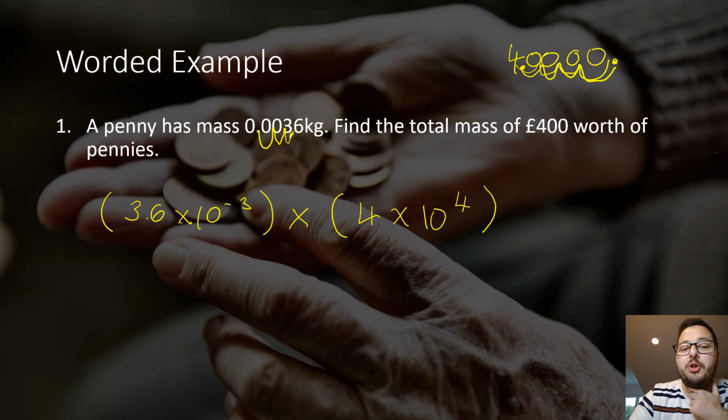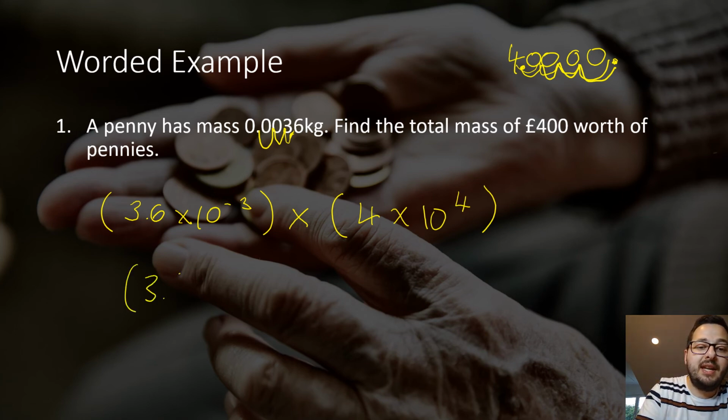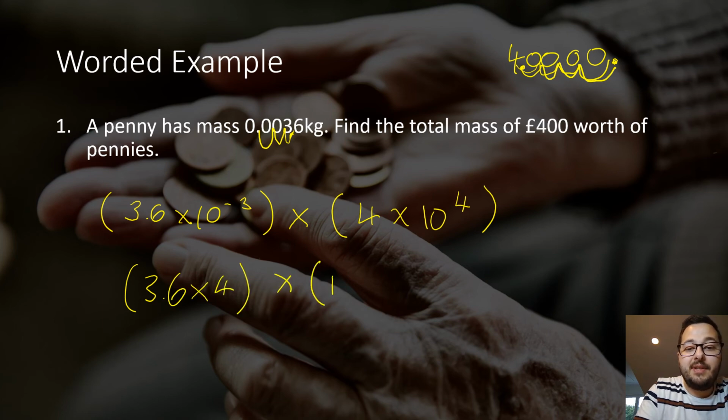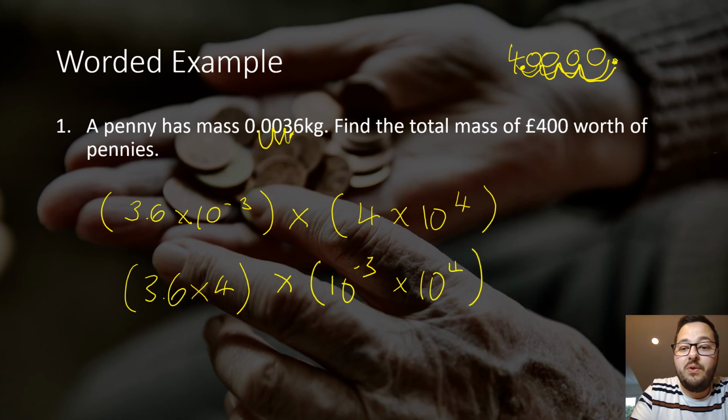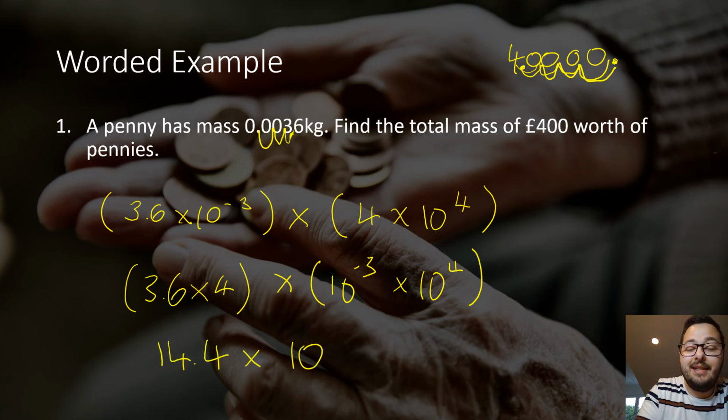Okay, and then we just do what we've been doing. So we can bring the normal numbers together. So 3.6 times 4 times 10 to the minus 3 times 10 to the 4. And then 3.6 times 4 is going to be 14.4, I think, times 10 to the 1.